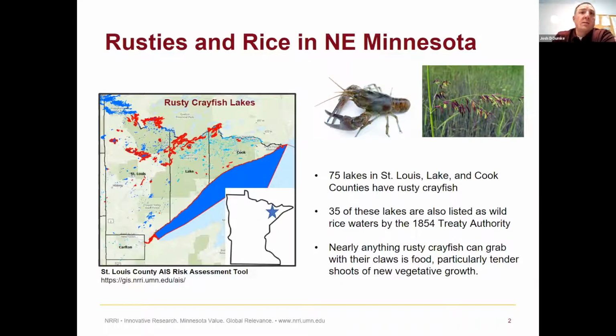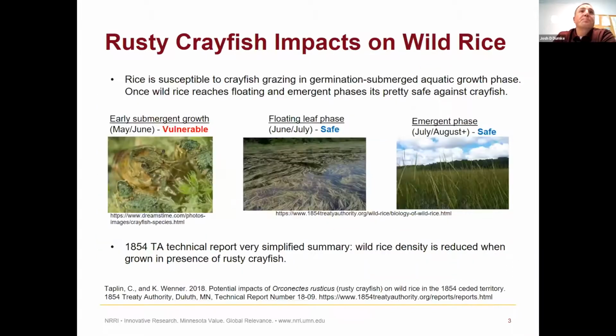And nearly anything that rusty crayfish can grab with their claws is food, whether it is dead fish or snails or other invertebrates on rocks. Particularly tender shoots of new vegetative growth seem to be grazed upon. And wild rice is susceptible to crayfish grazing in the germination to submerged aquatic growth phase.